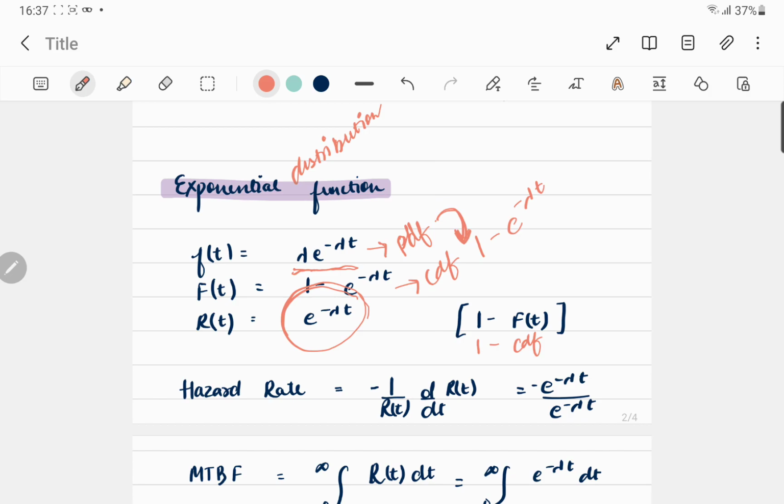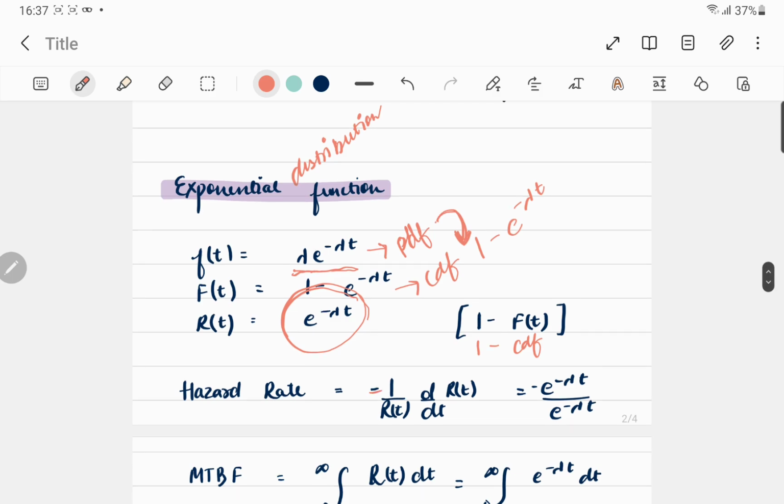Next up, we have hazard rate, which is also known as the failure rate. Hazard rate is defined as minus 1 upon the reliability function into the differentiation of the reliability function.